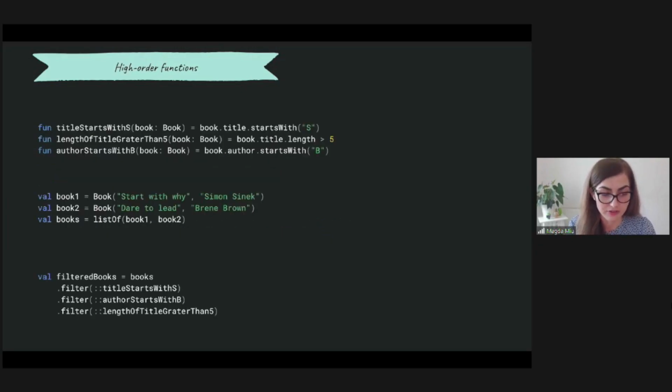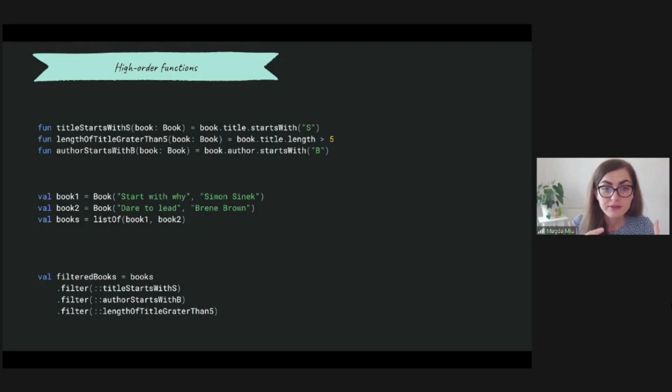Higher order functions. We know that in Kotlin, functions are first-class citizens, which means that we can declare a function without needing a class. And in functional programming, the trend is to reuse behavior, to reuse the functions that already exist.